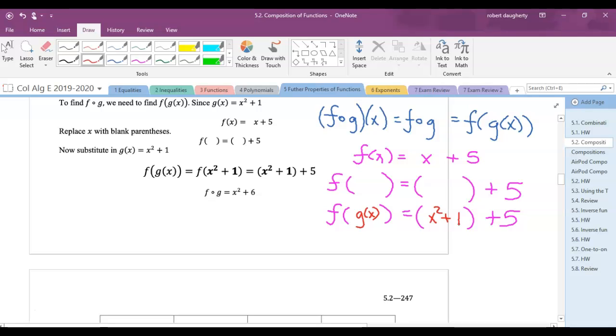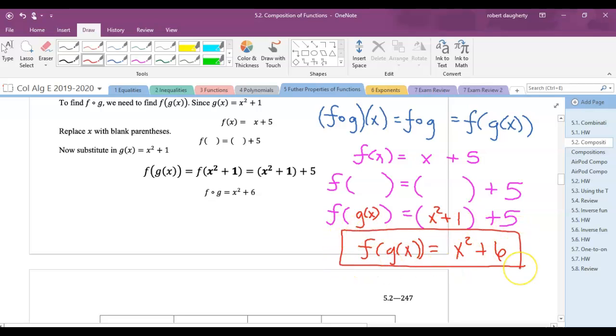Can this be simplified? What is this? X squared plus 1 plus 5 is what? X squared plus 6. Okay. It's not as hard as it seems, okay? F of g of x is x squared plus 6.